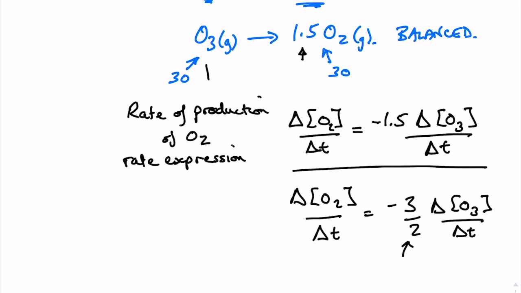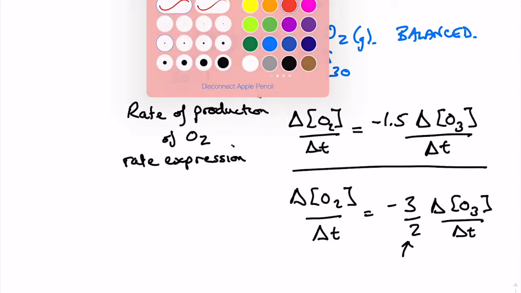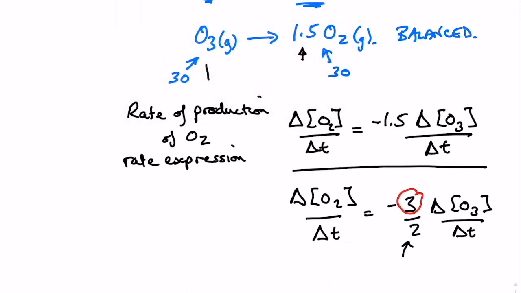And what we could do now is say, well, if we want to get back to a fraction type of idea, we could take this 3 over here and divide both sides by 3, and what we would end up with is a third of the change in O2 divided by time equals minus a half.